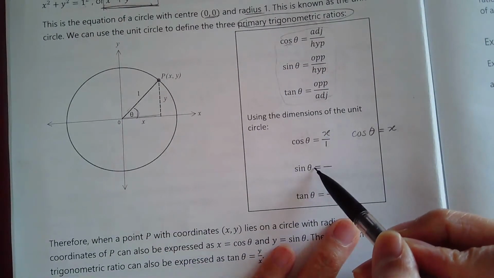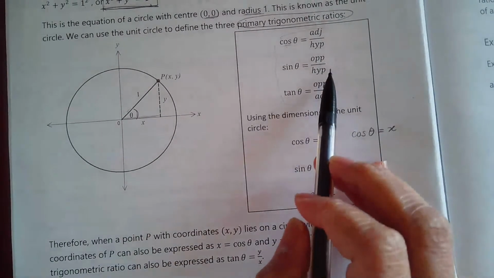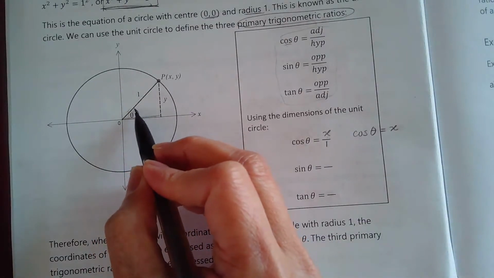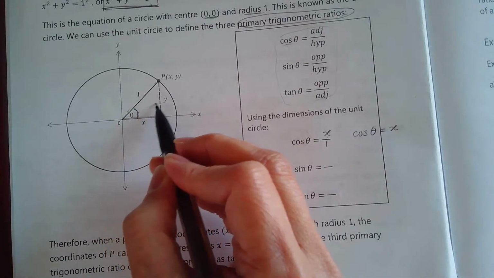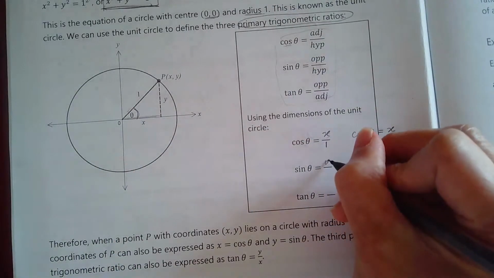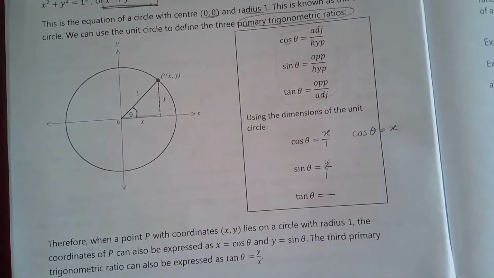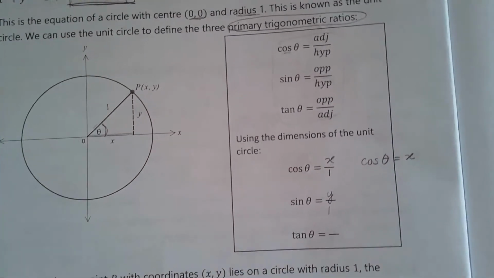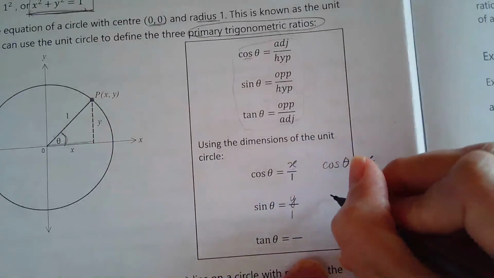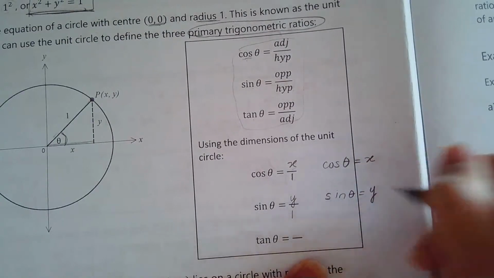Now, let's take a look at sine theta. Sine theta is opposite over hypotenuse. So this is the angle. What's the opposite? Opposite is the y. Hypotenuse is the 1. So it's going to be y over 1. And of course, we can simplify that by writing sine theta equals y.